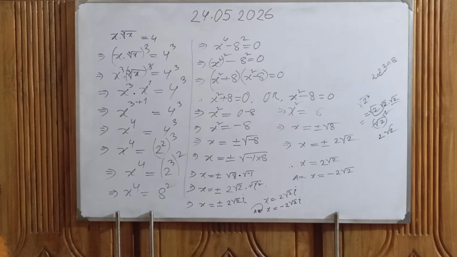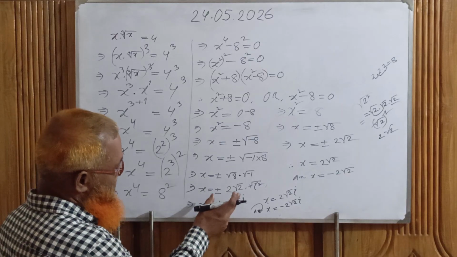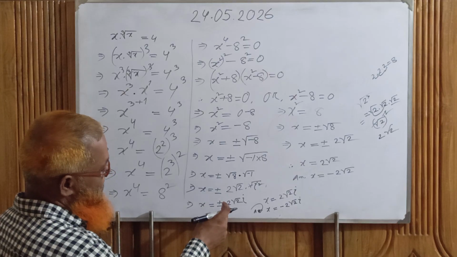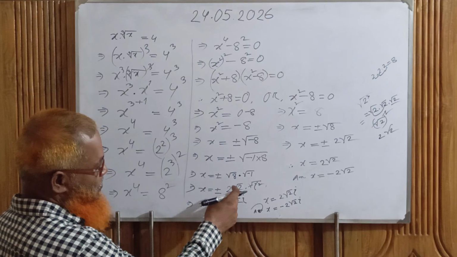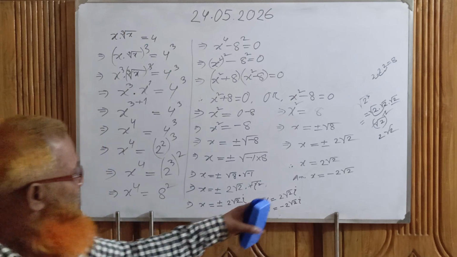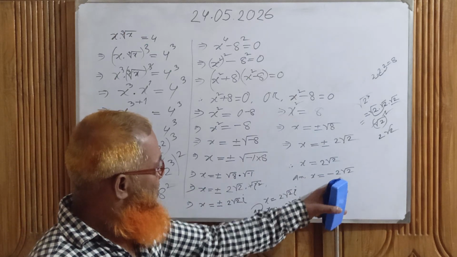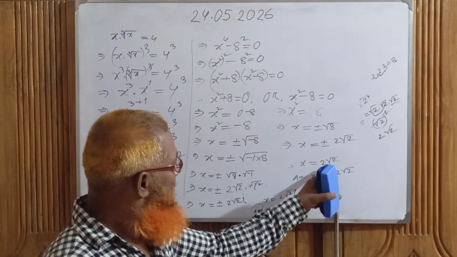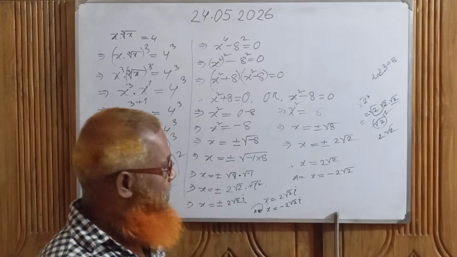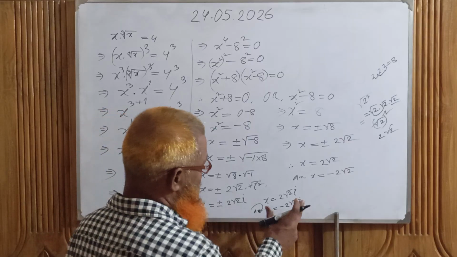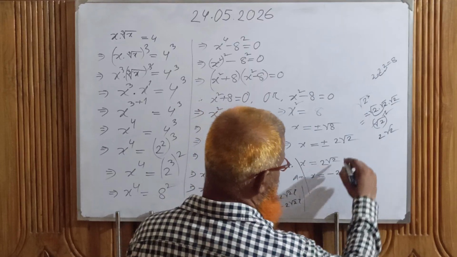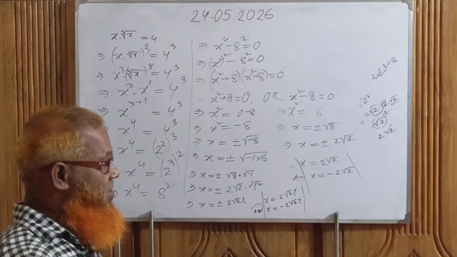And we notice that here there is plus or minus 2 root 2 with the imaginary unit, and here there is only 2 root 2 and minus 2 root 2. This is one kind of answer.